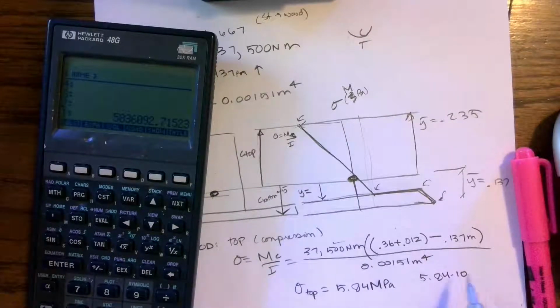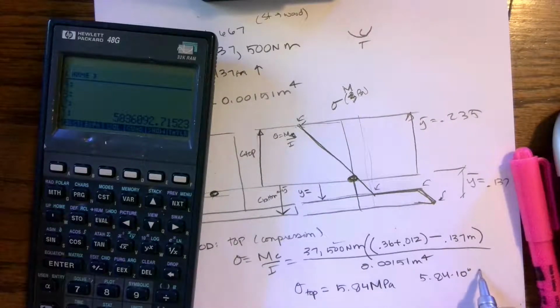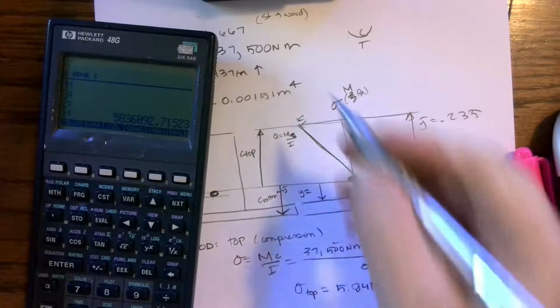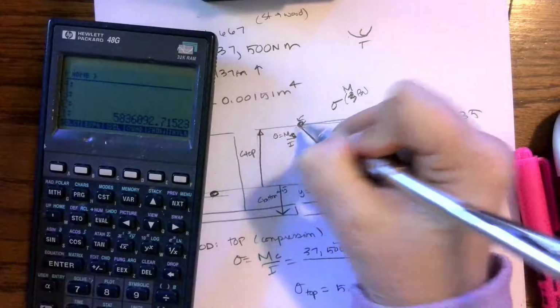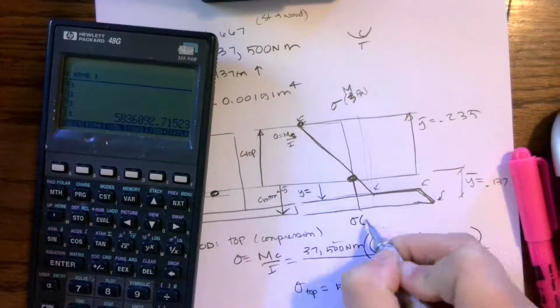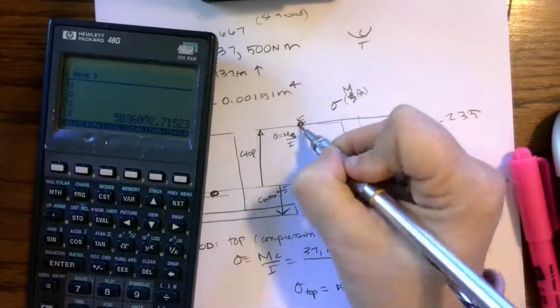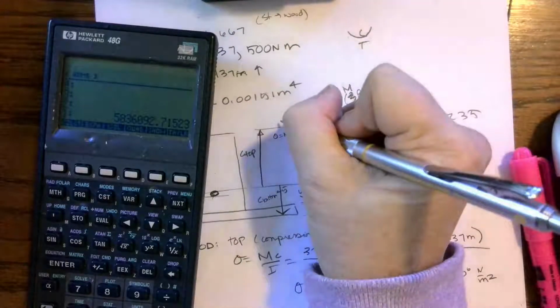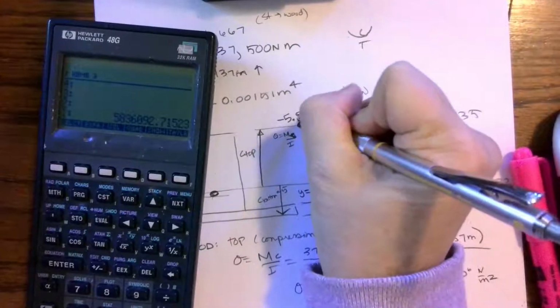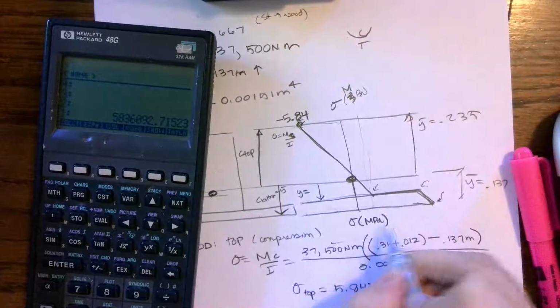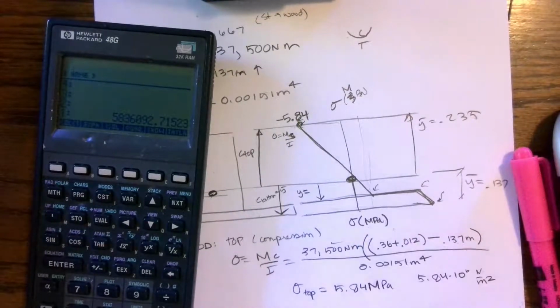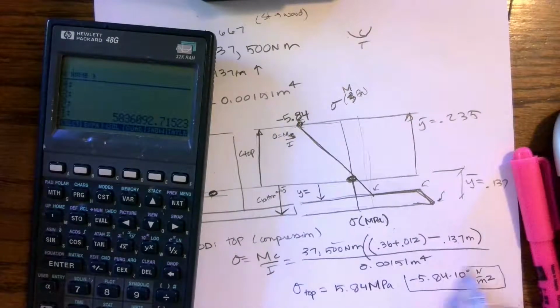So megapascals, so that's times 10 to the 6th Newton per meter squared. So this point right here, if I'm going to put stress in megapascals, that's my units. Then up here at the top, I'm in compression, so negative 5.84 megapascals. And this is negative because we're in compression.